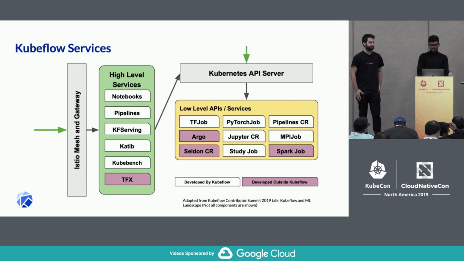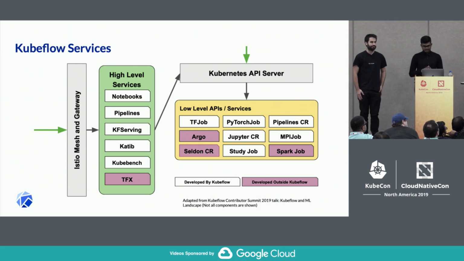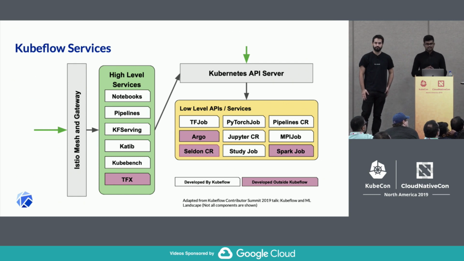So if you look at an overview diagram of how it logically looks like in Kubeflow, this is how it is. Please take a look at the TF job operator, which I've shown in low-level service APIs. So TF job is going to implement a custom resource, and it has an operator which will pick up these custom resources and execute that.